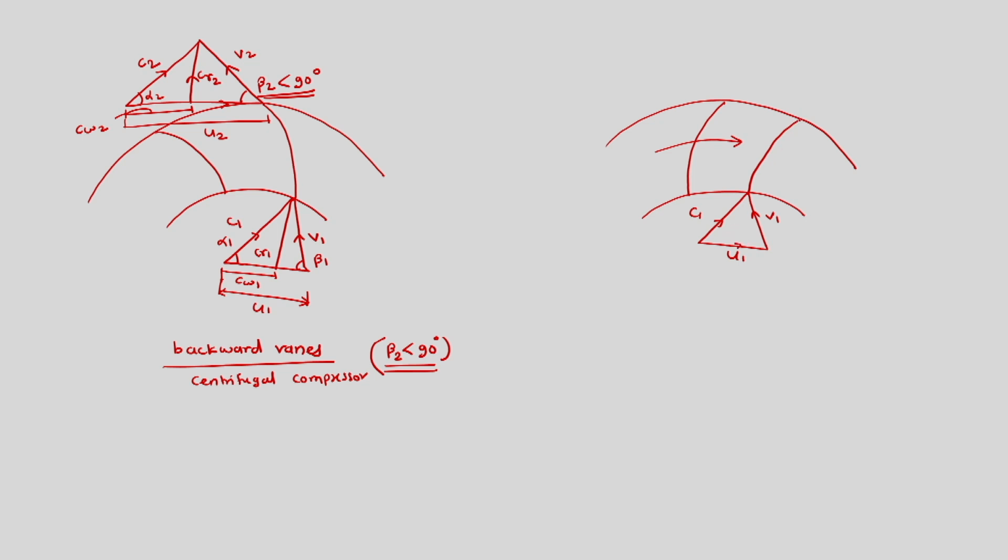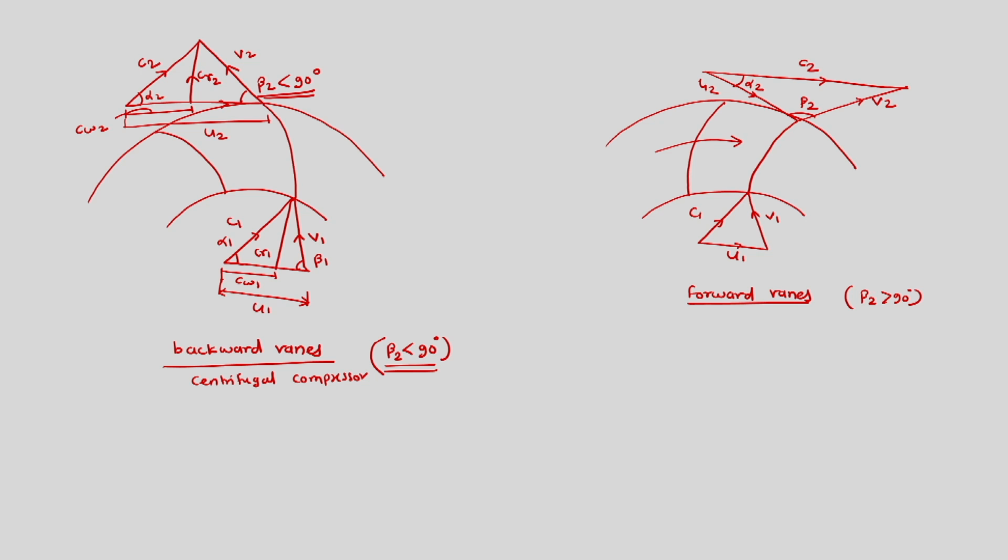And being the forward curve, this is V2, then we have tangential velocity U2, and then absolute velocity C2, and in this case this is beta 2, this is alpha 2, and we have beta 2 which is greater than 90 degree.